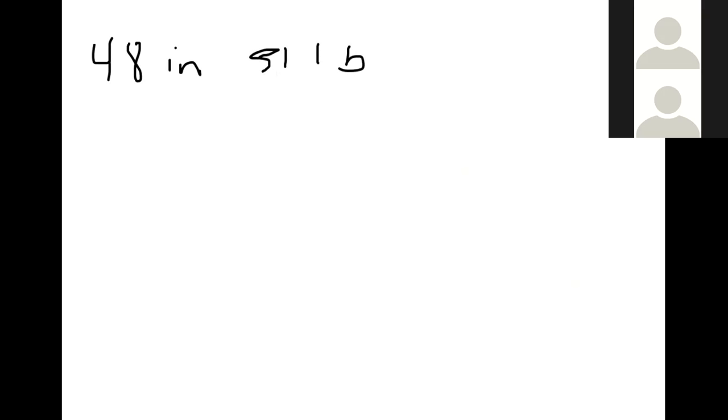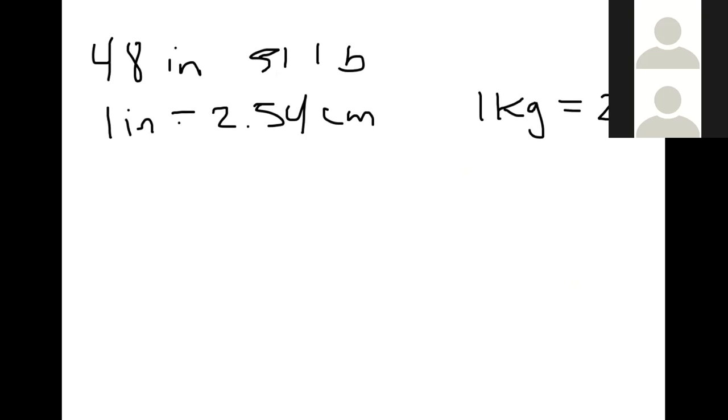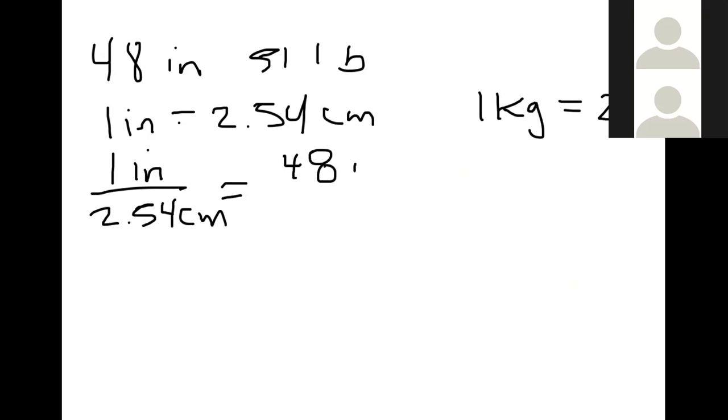So again, we know that 1 inch is equal to 2.54 centimeters and 1 kilogram is equal to 2.2 pounds. Okay, so let's set up our ratios and proportion. So 1 inch over 2.54 centimeters is equal to 48 inches over x centimeters. Cross multiply.